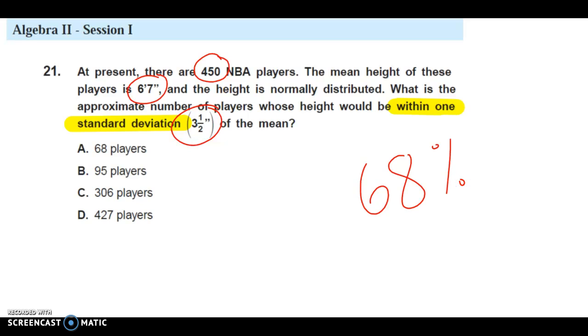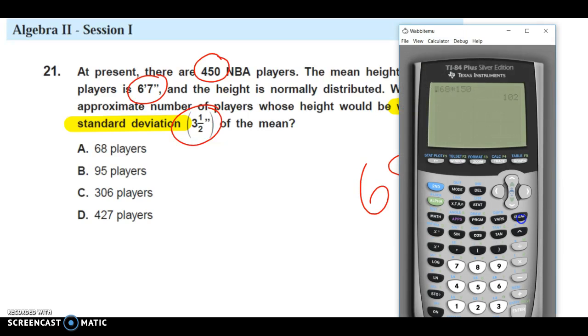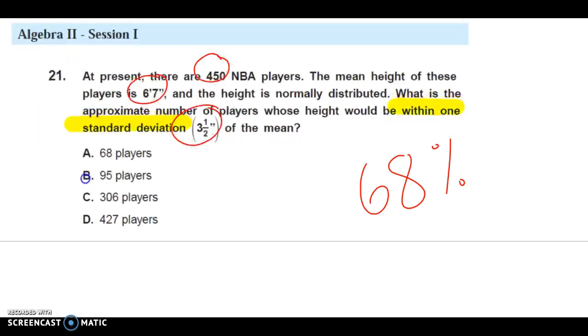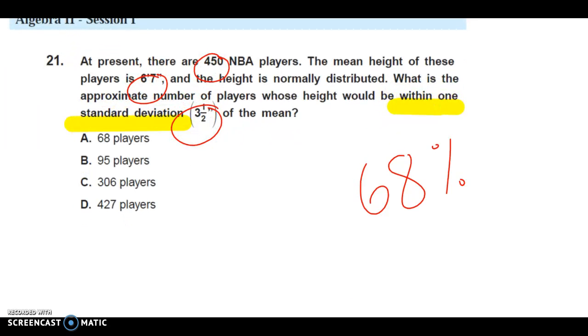But once again, they're not asking what percent of players or what is the probability. They're asking how many is 68%. So calculator, 0.68 times, it says there were 450 players. So the correct answer is 306.